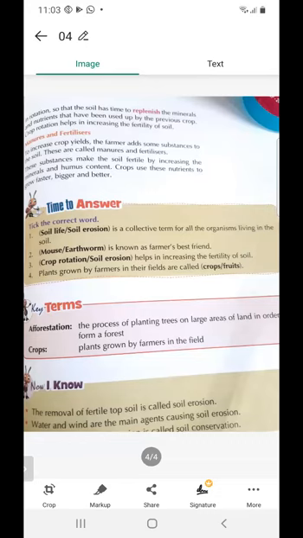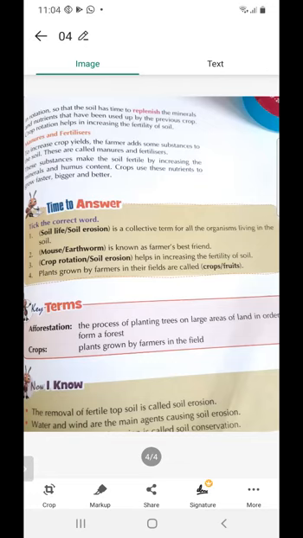Answer is earthworm. Third, dash helps in increasing the fertility of the soil. Answer is crop rotation.